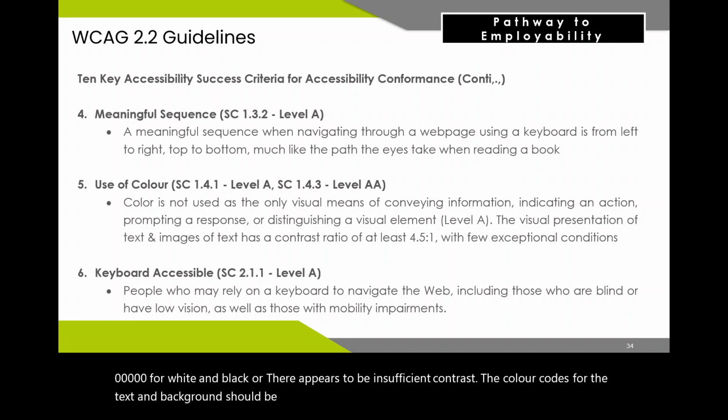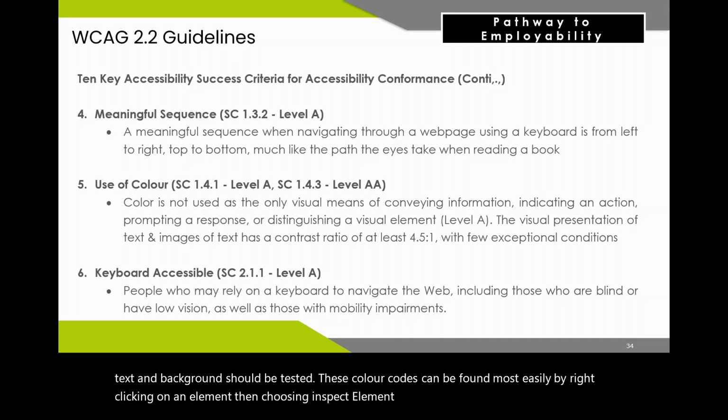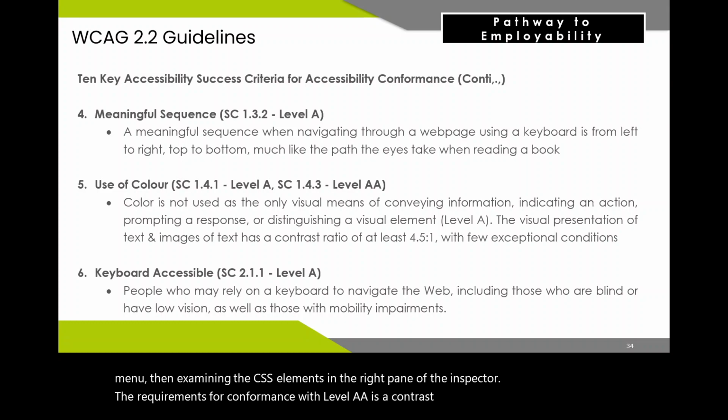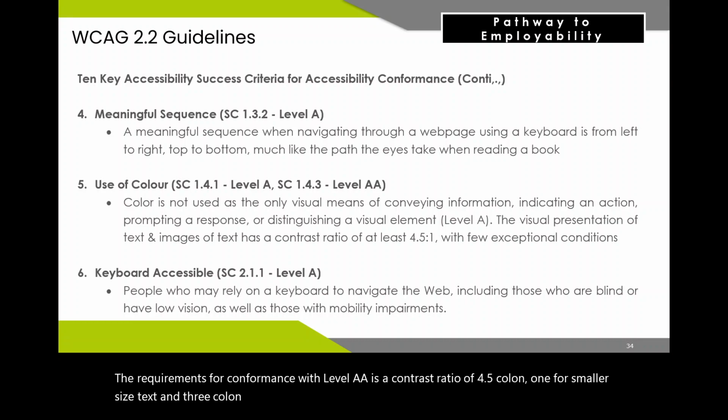These color codes can be found most easily by right-clicking on an element, then choosing Inspect Element from the browser's pop-up context menu, then examining the CSS elements in the right pane of the inspector. The requirement for conformance with Level AA is a contrast ratio of 4.5:1 for smaller-sized text and 3:1 for larger text.